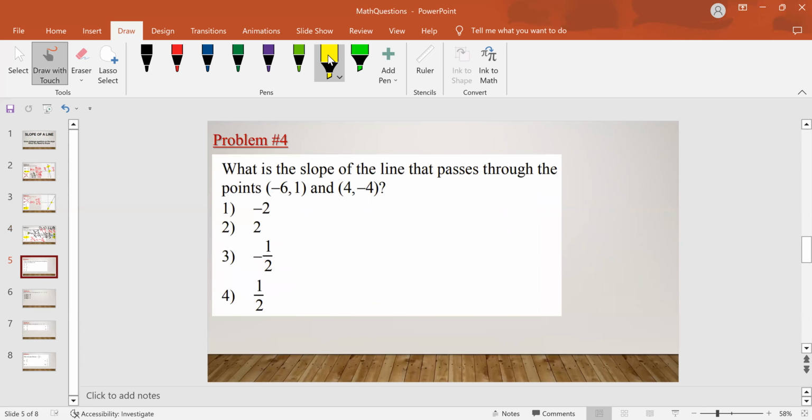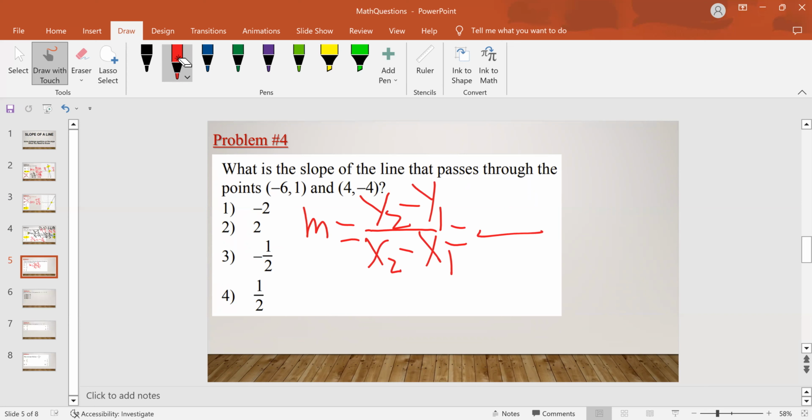Example 4, which is similar to problem 3, but here is tricky. Let's see what's going to happen. If we use the same formula, y2 minus y1 divided by x2 minus x1, we have the slope m equal to y2 minus y1 over x2 minus x1. y2 is the y value of the second point.